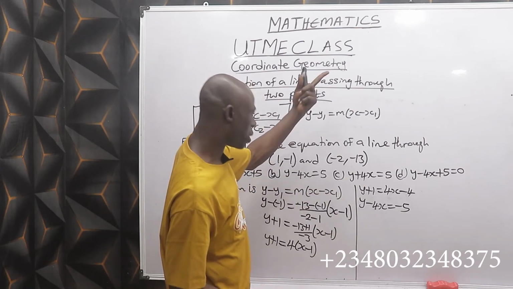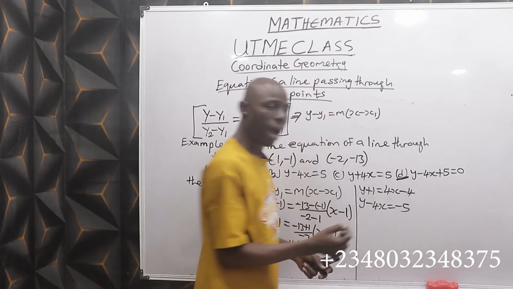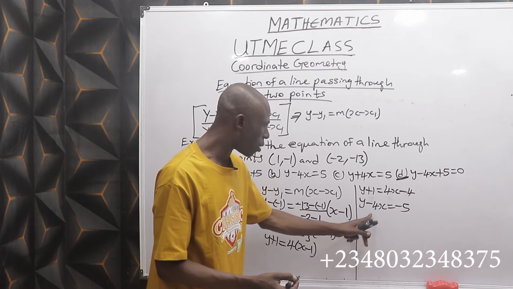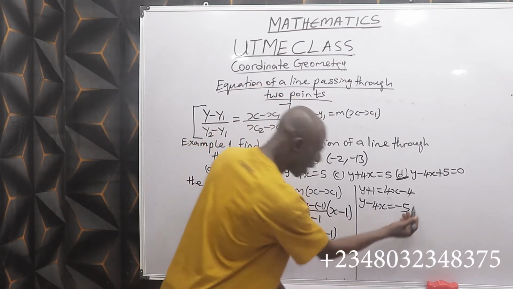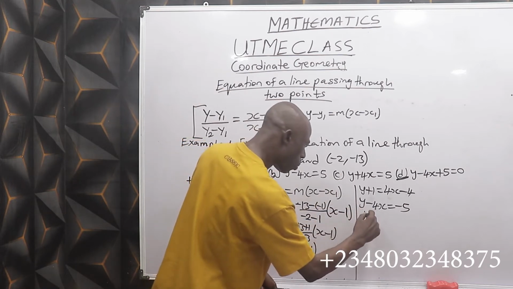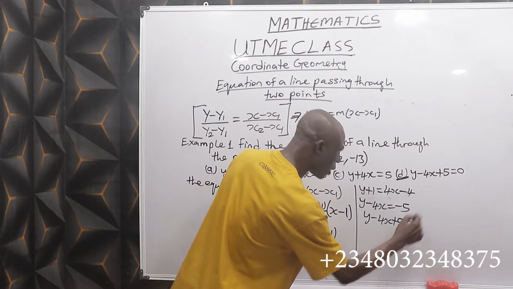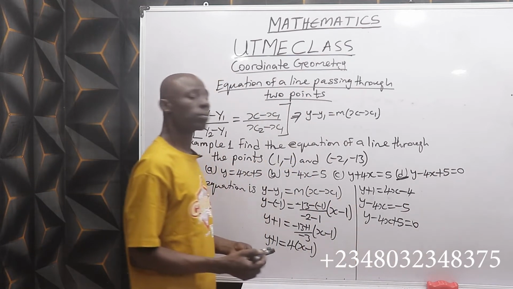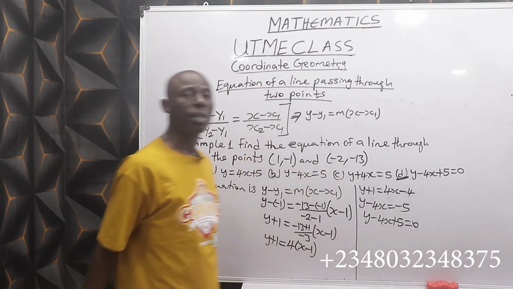Option D is the correct answer. Why? Y minus 4x equals negative 5. If you bring the negative 5 in, it will become y minus 4x plus 5 equals 0, which is option D. That is why option D is the correct answer.